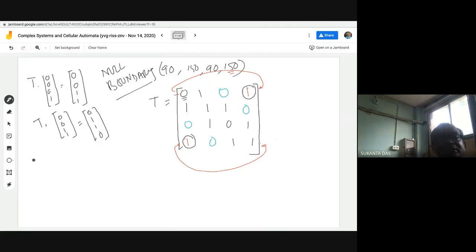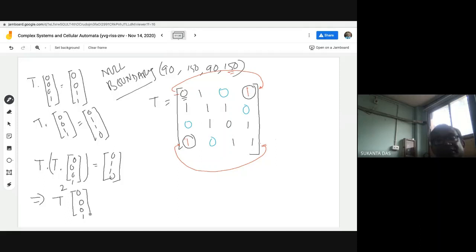So what I get actually, T of T into 0 0 0 1, is what I have received here, 0 1 1 0. This is actually T square of 0 0 0 1, which is 0 1 1 0.